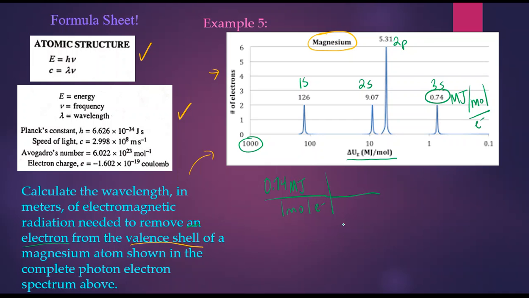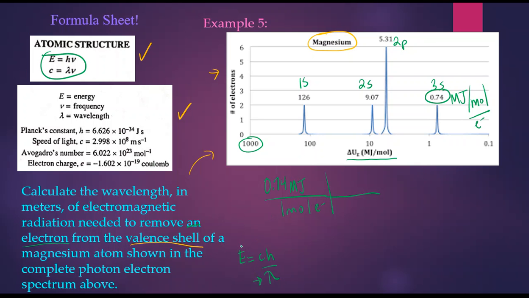If I want to figure out wavelength, I'm going to eventually need my equation, E equals hc over lambda, and I can figure out the lambda here. That's where I combined both of these two together to make it easier.